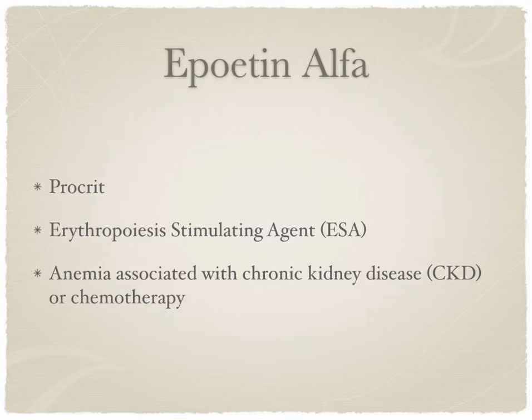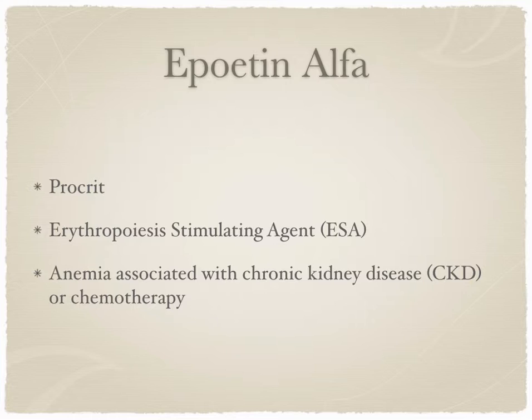All right, so epoetin alpha, or brand name Procrit, is an erythropoiesis stimulating agent used for treating anemia associated with chronic kidney disease or chemotherapy. So remember, we learned another drug in the same class, darbepoetin alpha, or brand name Aranesp. So it is a hint that this may be a bonus question for the quiz.